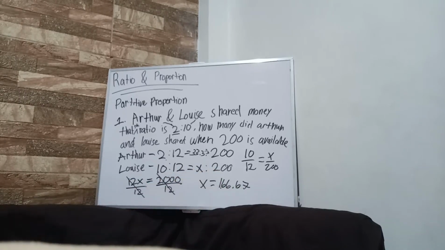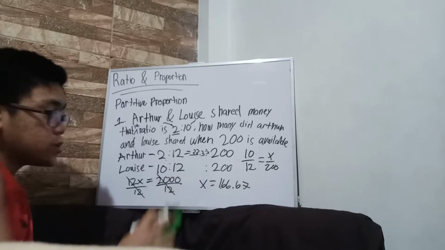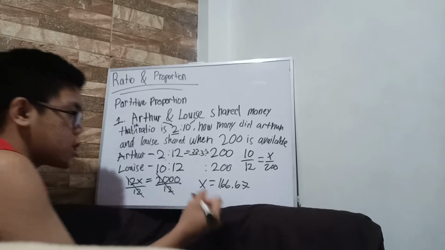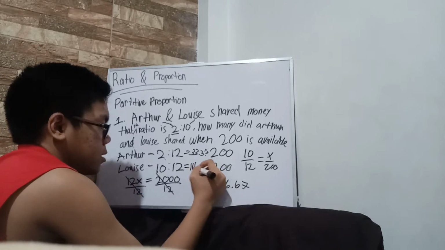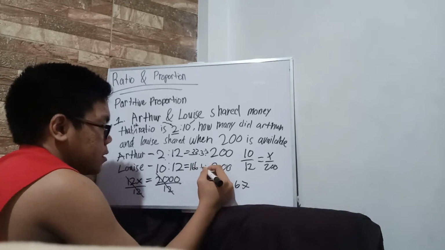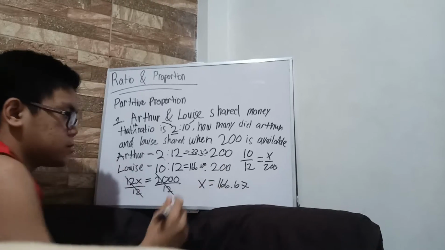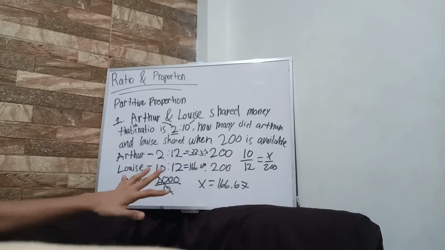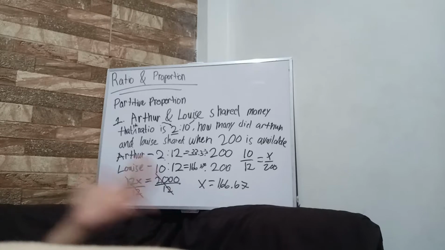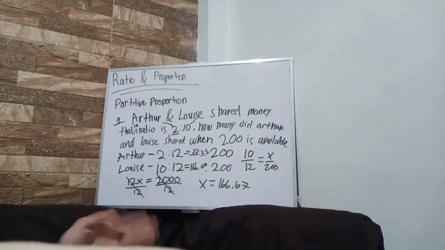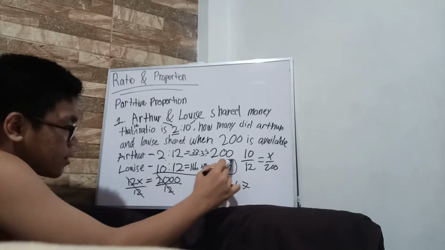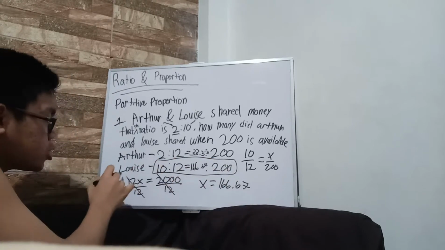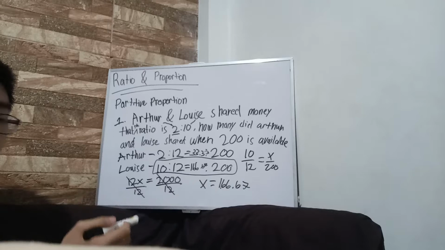So for Luis, we have 166.67. So 10 is to 12 is equal to 166.67 is to 200. And this is what Luis shared.